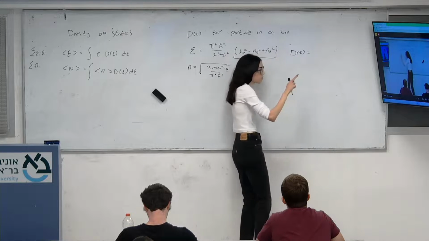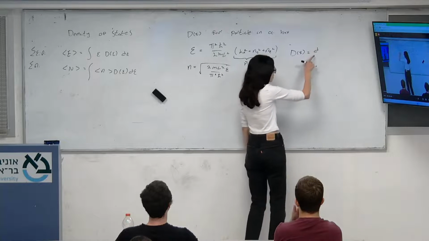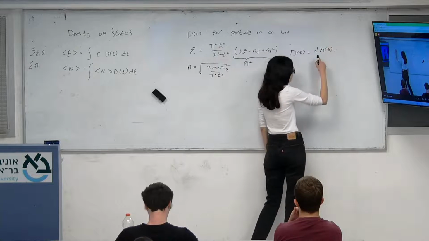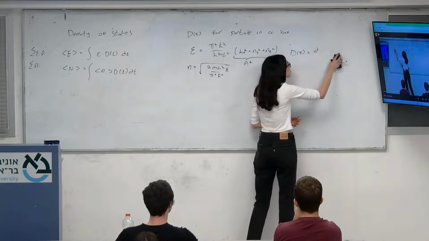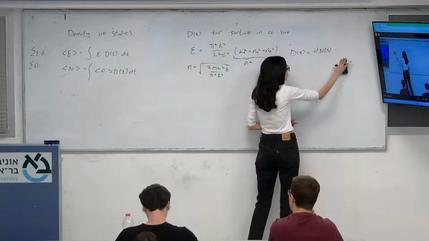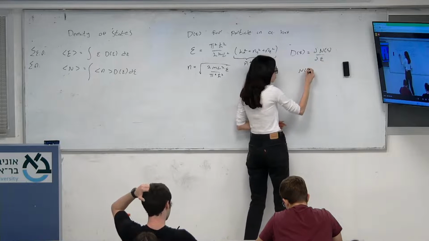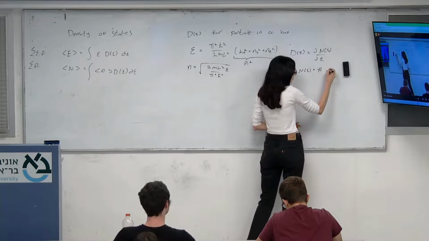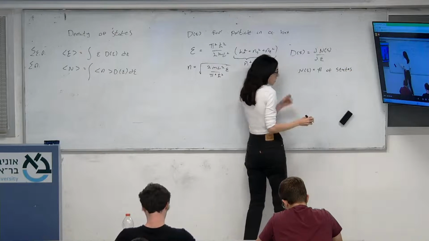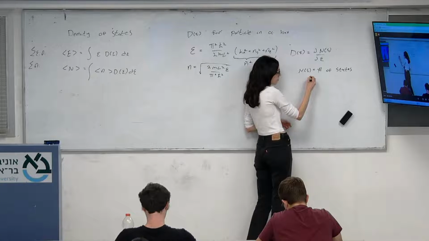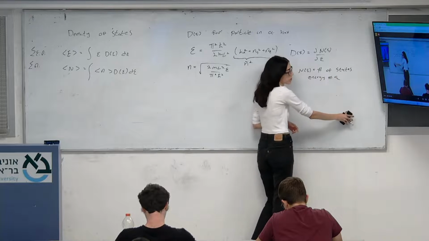This is less intuitive to calculate, so we're going to look at the derivative. We define it as the derivative of the number of states. I don't want another n, so let's use capital N, where N of epsilon is the number of states with energy less than or equal to epsilon.